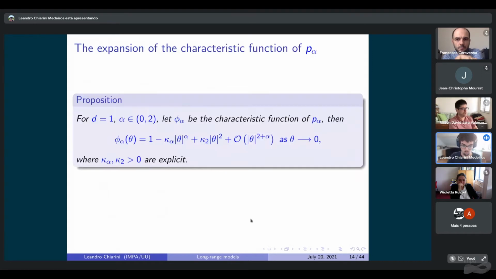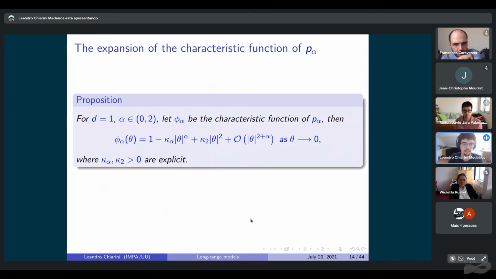In the case of one dimension, we studied the characteristic function for our distribution P alpha, so that power law, for any alpha between 0 and 2. And we obtained the coefficients explicitly. Kappa 2 does depend on alpha, but it's positive. It's actually an infinite series, which is a bit annoying, but you can show that it's positive. And this is going to be important in a bit.